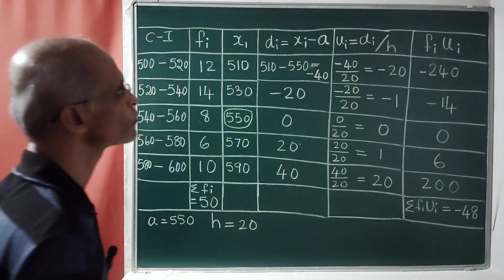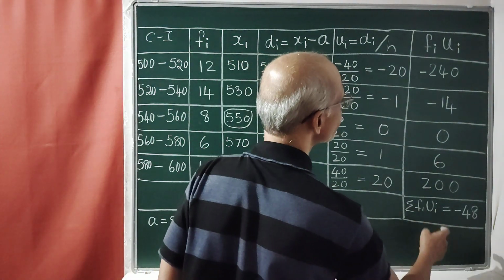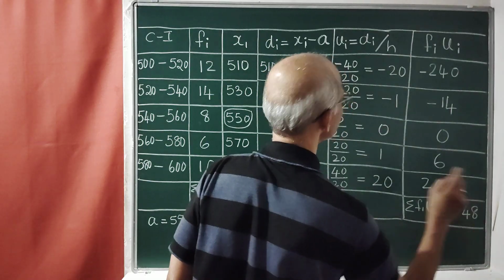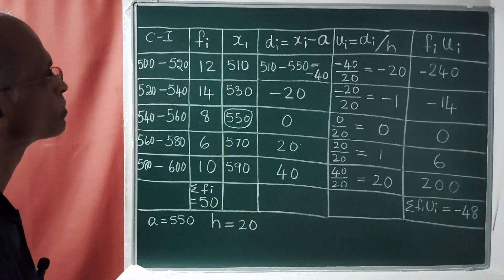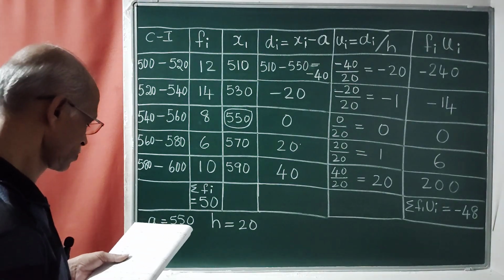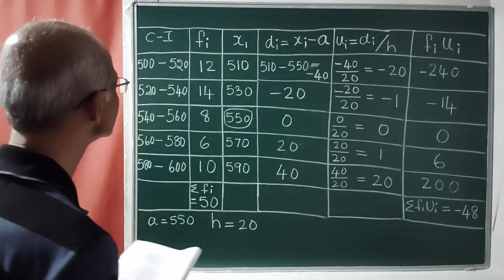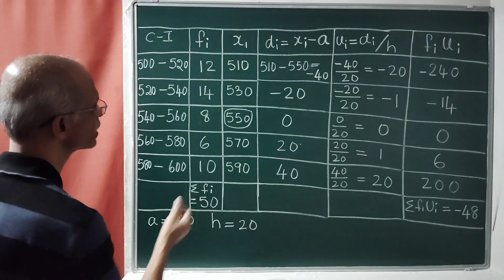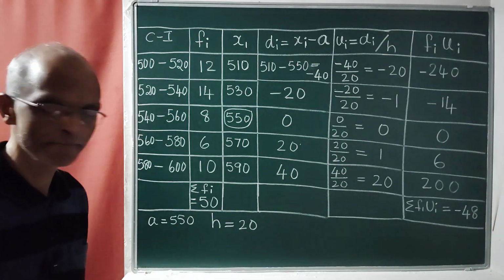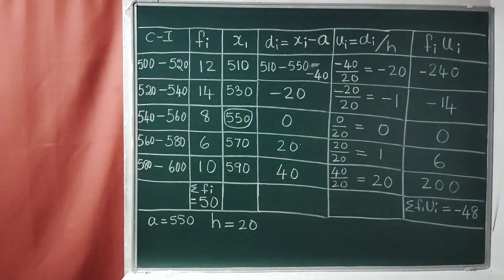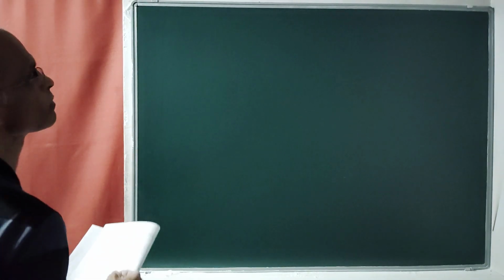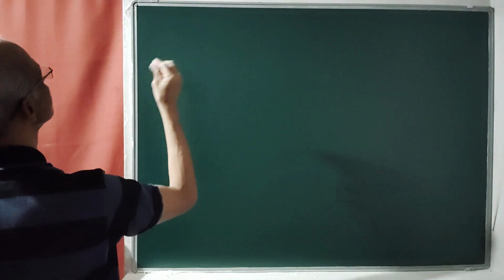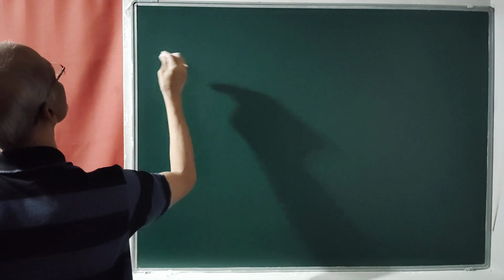Now we have found the value of sigma FyUy to be minus 48. Sigma Fy is 15. Now we'll put the formula for mean.